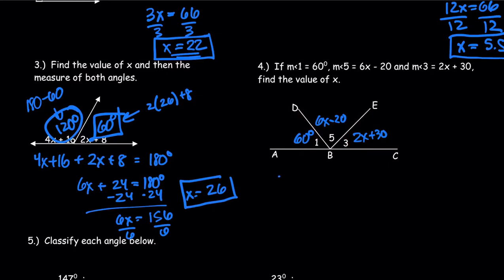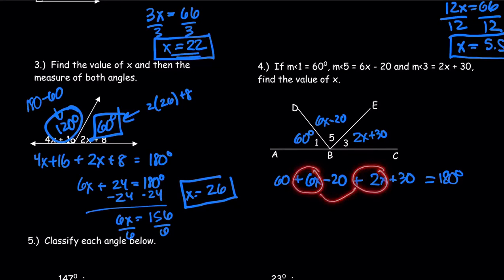All right, so I've got 60 plus 6x minus 20 plus 2x plus 30 equals 180 degrees. So more terms than I'm used to seeing, but same procedure, combine like terms. So on this side, I've got 6x plus 2x, so that's going to give me 8x.